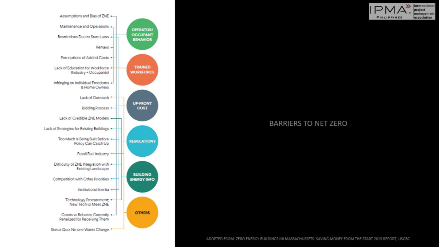Some of the barriers include limitations in technology, regulations, perceived high upfront cost, as well as a competent, knowledgeable workforce when it comes to achieving net zero from the design, construction, and even during operations and maintenance of the building. But net zero projects provide greater benefits in terms of the triple bottom line.